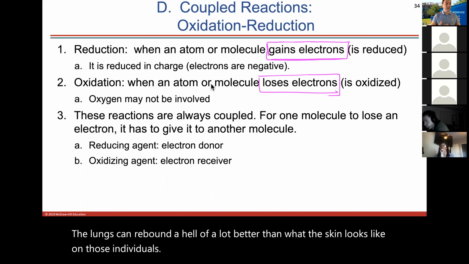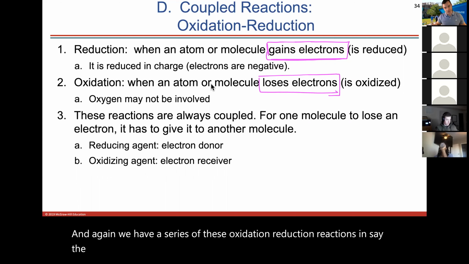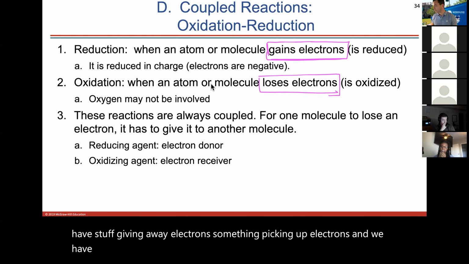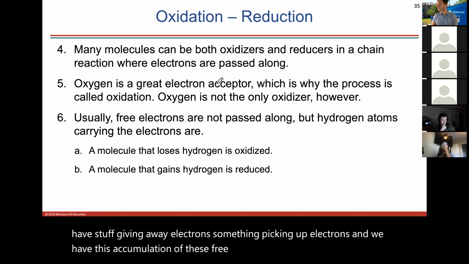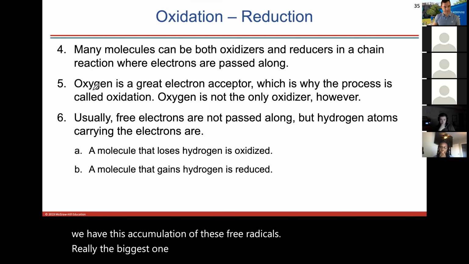And again, we have a series of these oxidation reduction reactions in cellular respiration, glycolysis, citric acid cycle, electron transport chain, where we have stuff giving away electrons, something picking up electrons, and we have this accumulation of these free radicals. Really, the biggest one that we're going to talk about, guys, is going to be this dude right here.